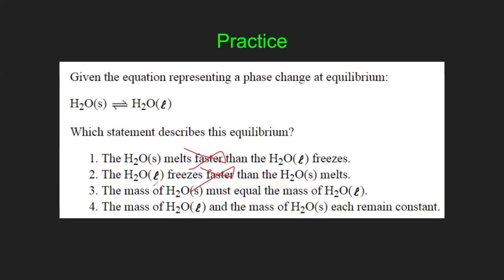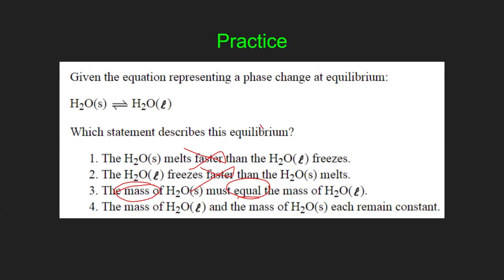Here's another trick question. They're going to want you to pick this because these kinds of traps are set for those of you who don't study. Those of you who don't study are probably not watching my video right now or getting the homework done. So this doesn't apply to you, but I'm going to say it anyway, just in case it does. If you show up to a test and you don't know what equilibrium means because you didn't study, this trap is set for you.